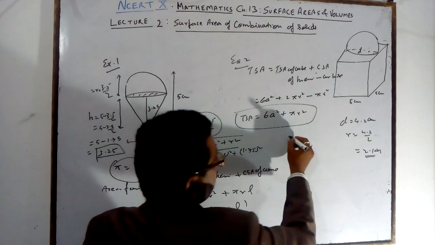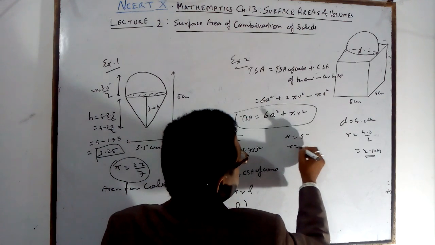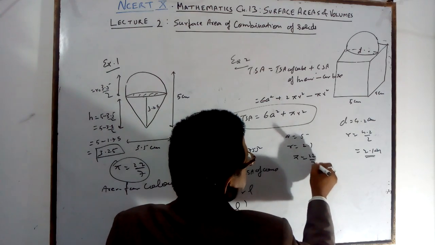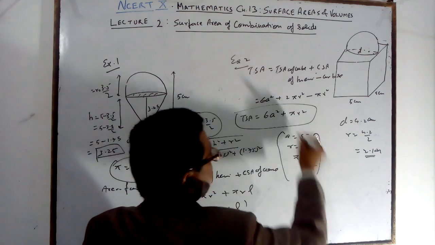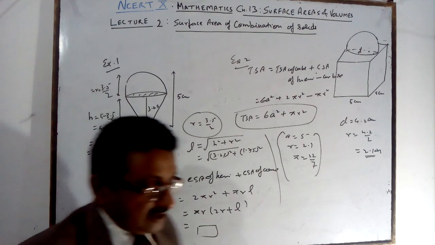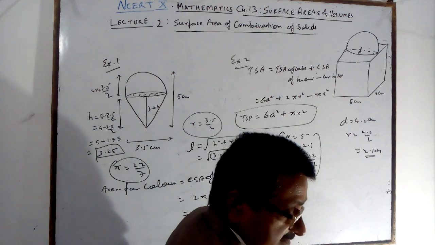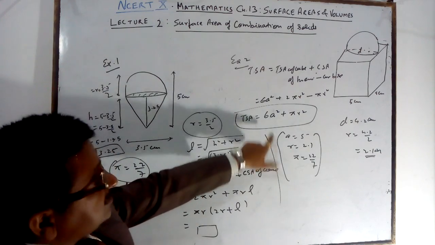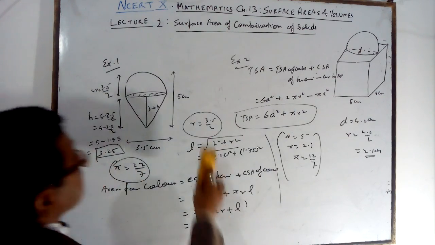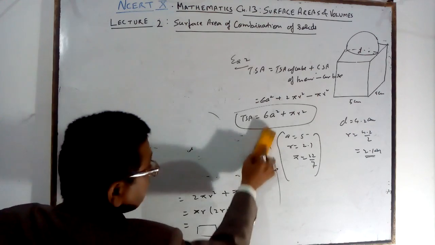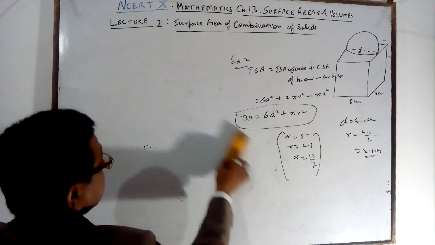Put the values: a is given 5, r is given 2.1, pi is given 22 by 7. You can put the values and get the result very simply. In the 10th standard, you form the combined formula and then get the solution.